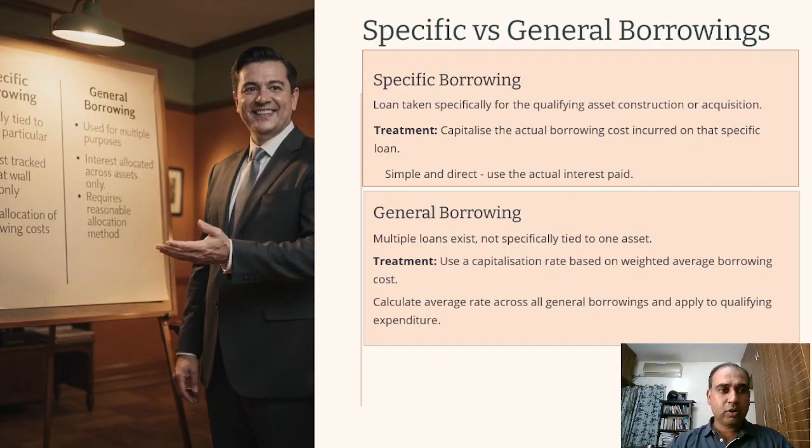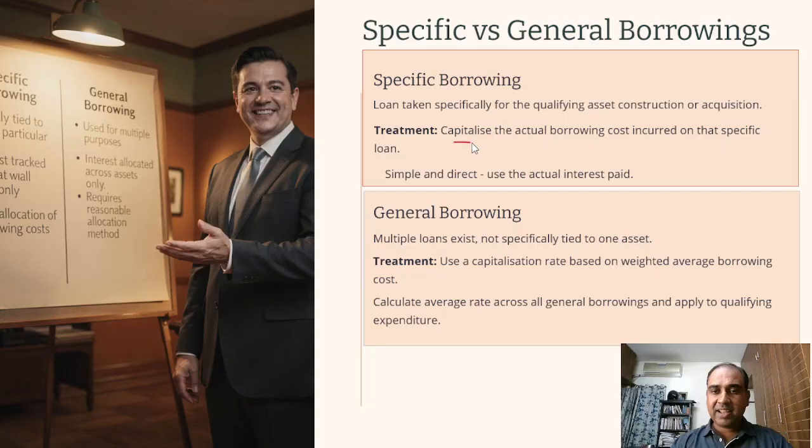Now comes a concept called specific versus general borrowing. Loan taken specifically: I have taken a loan of rupees 50 lakhs for construction of a building. So whatever interest I pay on that 50 lakh loan for construction of a single building can be capitalized.